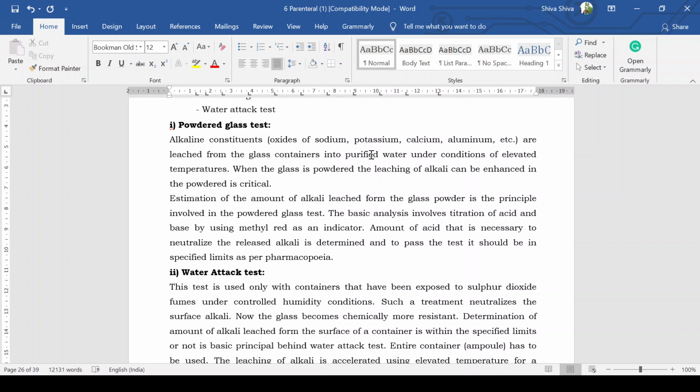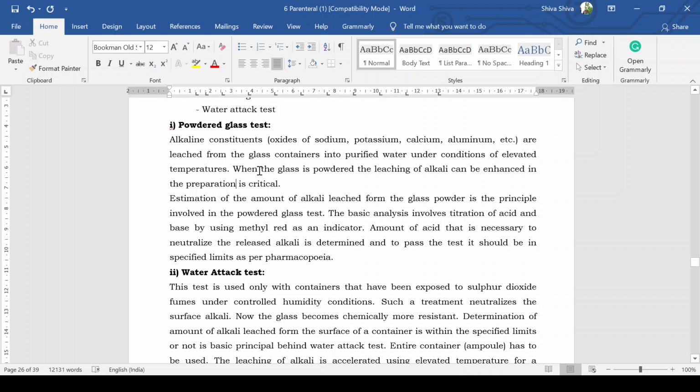And when the glass is powdered, the leaching of alkali is enhanced.